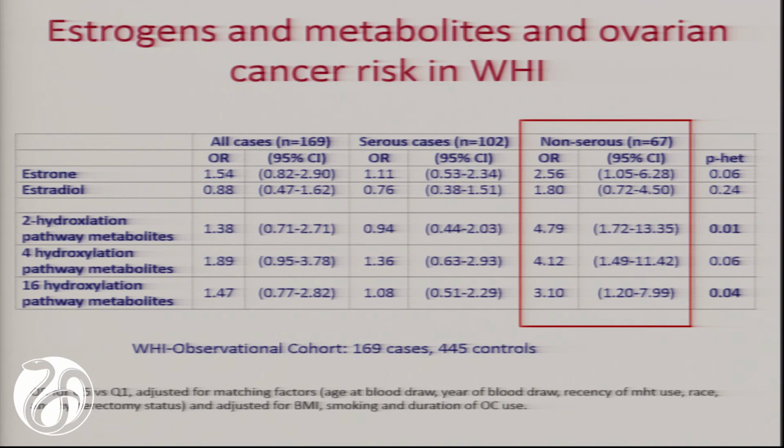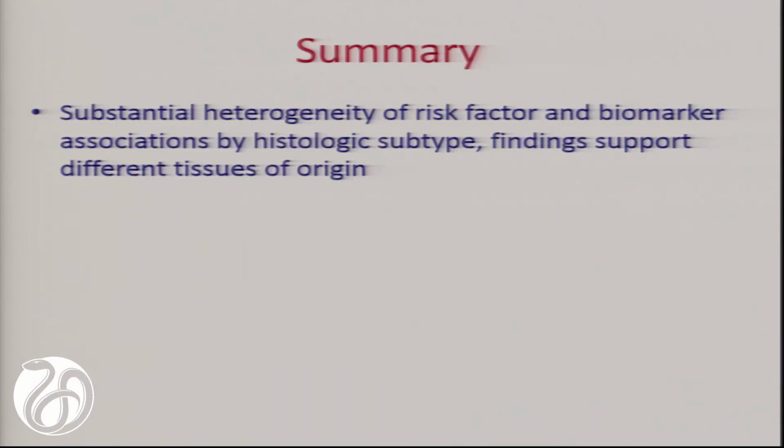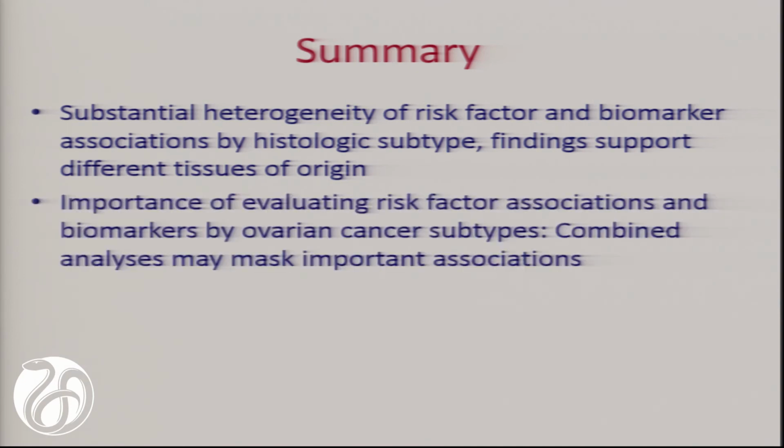And this lack of association in serous cancers probably explains why in previous smaller studies we didn't see any association. So I'm going to close by saying that there is substantial heterogeneity of risk factor and biomarker associations by ovarian cancer subtype, and those findings support what we heard before about the different biologic pathways and different cells of origin.